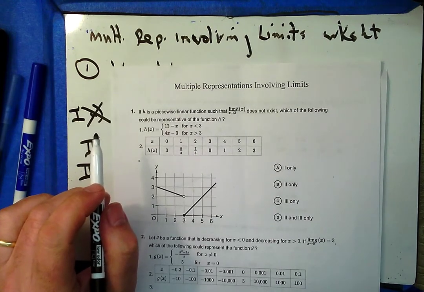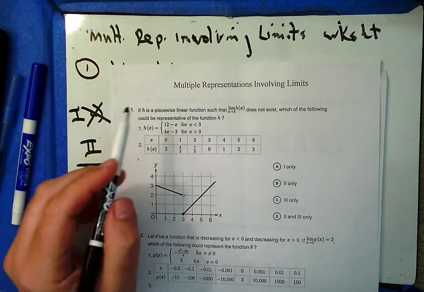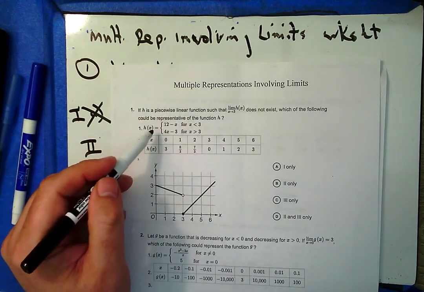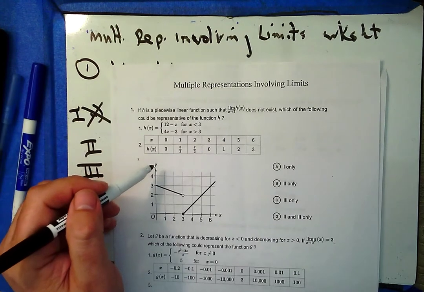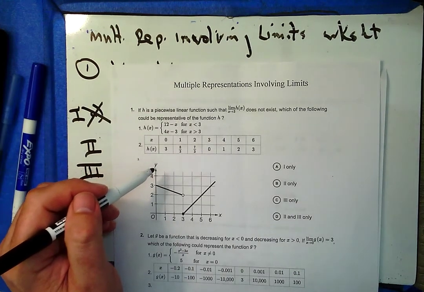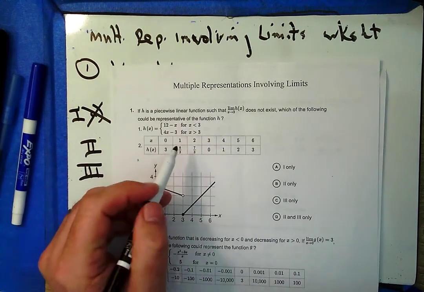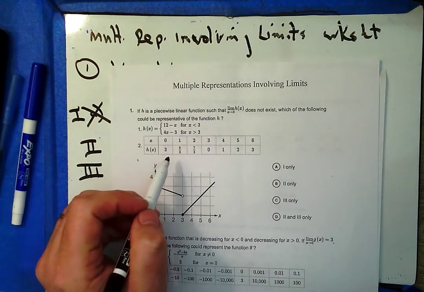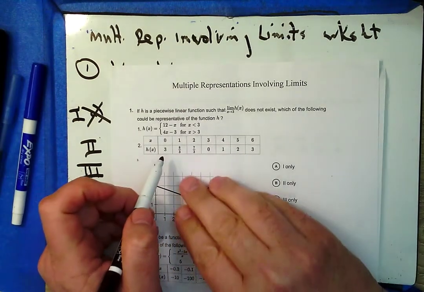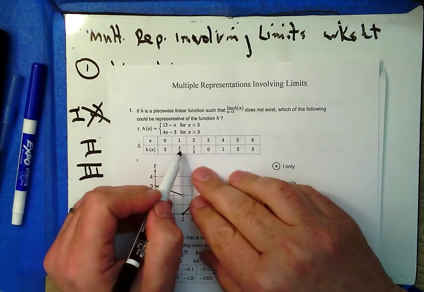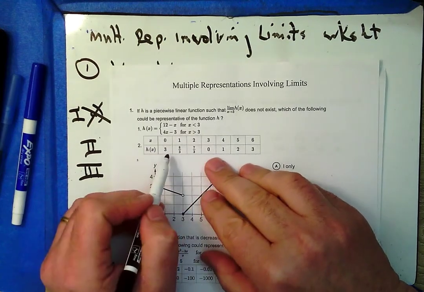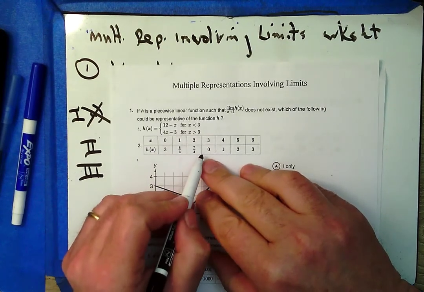Which of the following could be representations of h? Well, this is equal on both sides, but I don't know. This is 9/3, 8/3, 7/3. Oh, it's piecewise linear, so this must be 6/3 here.